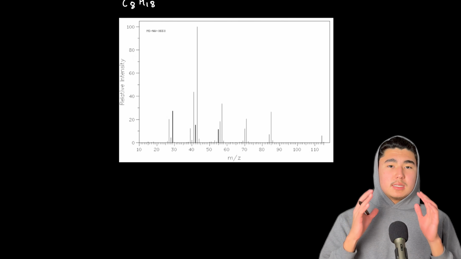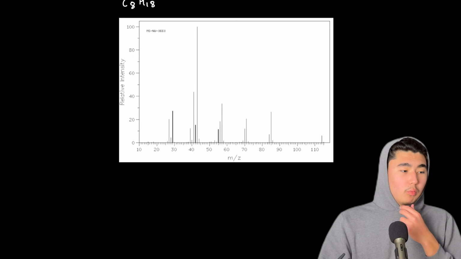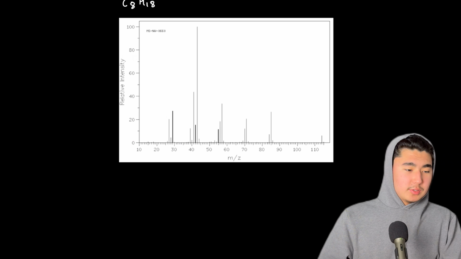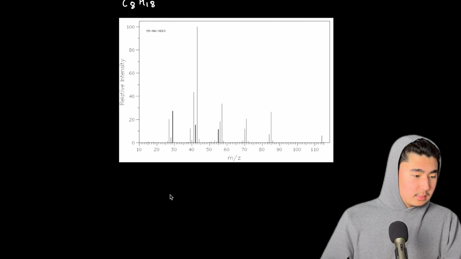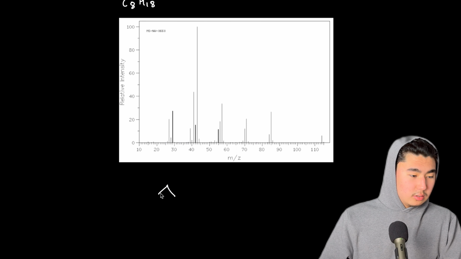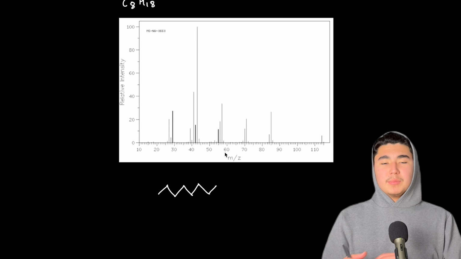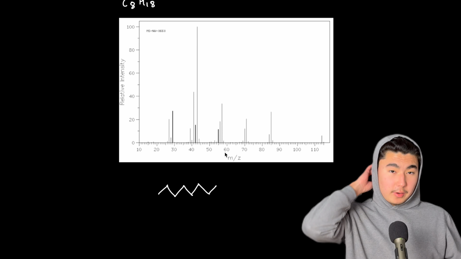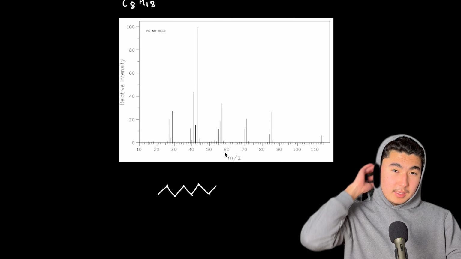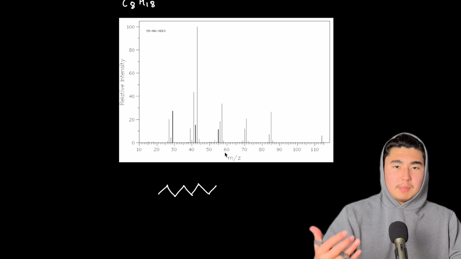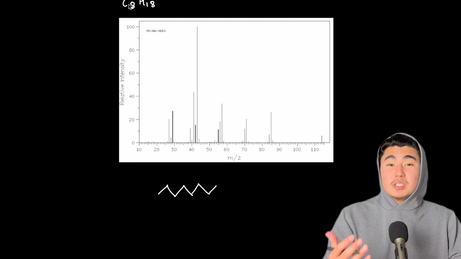So if this is C8H18, one of the isomers that we could draw out is a regular octane. So 1, 2, 3, 4, 5, 6, 7, 8. We could do a bunch of other isomers, but for now I'm just going to go off of this diagram.